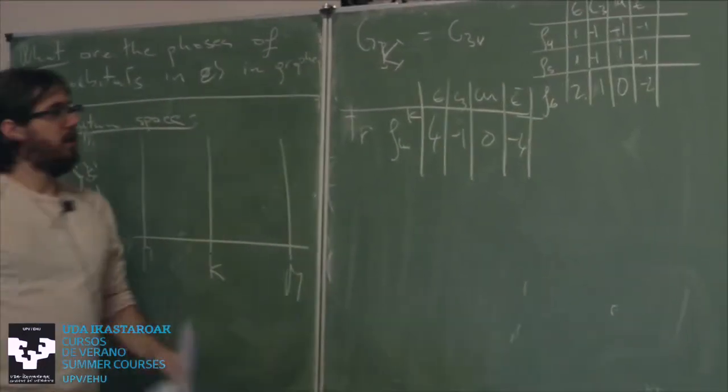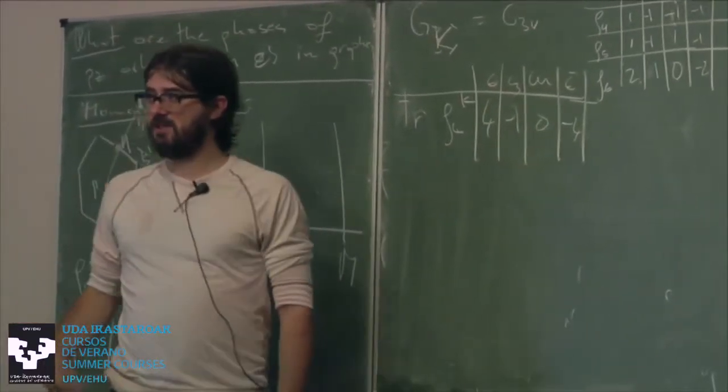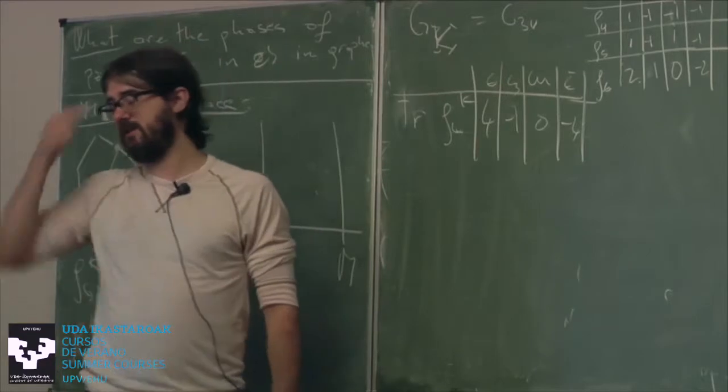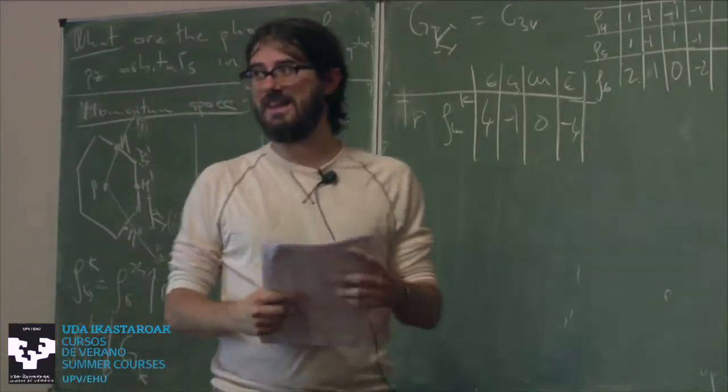Okay? So these are the traces, and I've told you that representation decomposition is unique, and there's a theorem that tells you that you only need the characters.